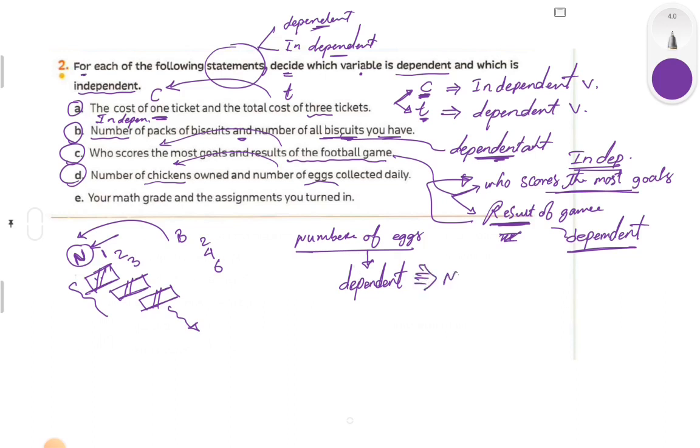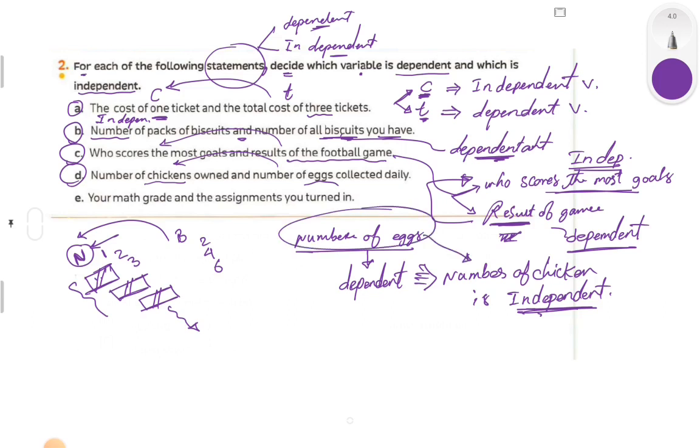On the number of chickens. So the number of chickens is the independent variable. So I call the number of eggs the dependent variable and the number of chickens the independent variable.